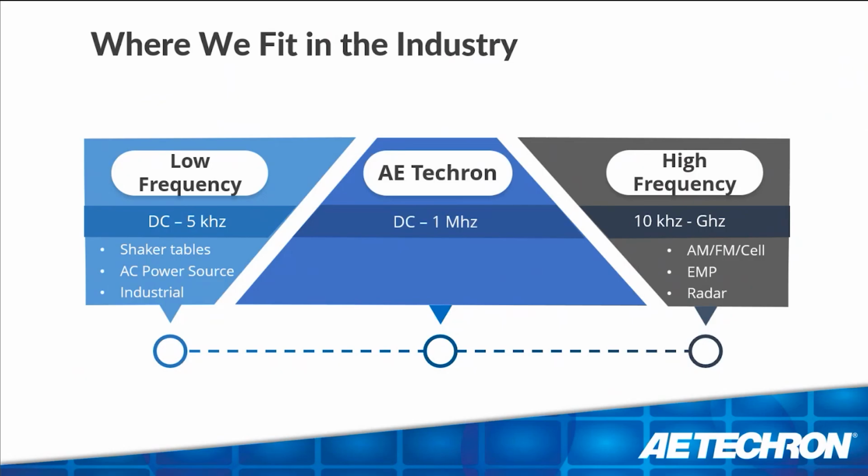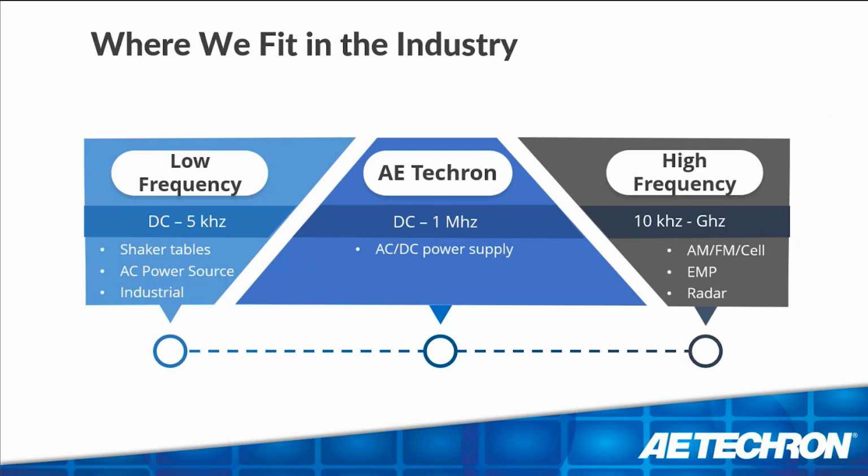Our primary frequency range is DC to 1 megahertz. That's where we operate, and our solutions are wide bandwidth. Because of that, we're known as a really important provider of both AC and DC power supplies. Our amplifiers can be either an AC or a DC power supply.